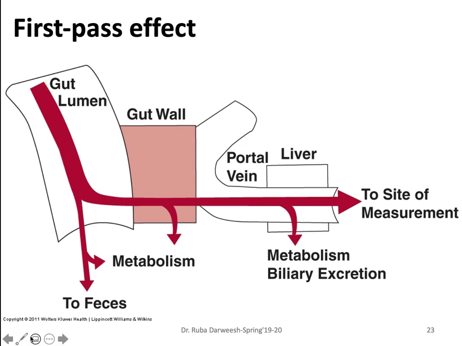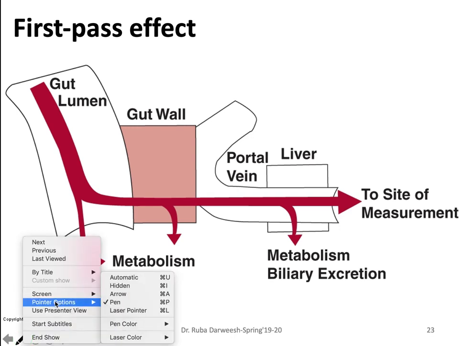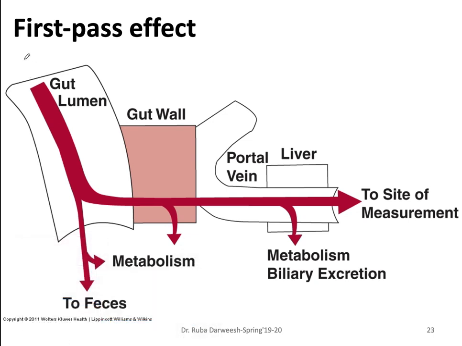pathway of the drug that goes from here to this location, which considers the definition of bioavailability of the drug, because we said it's the rate and extent of the drug reaching the systemic circulation, which is here.